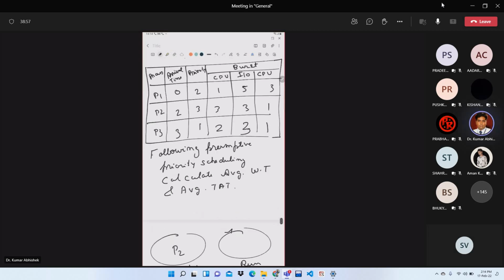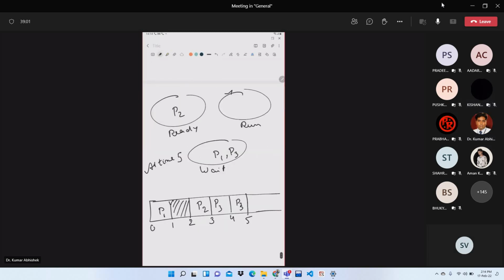P1 and P3 are in wait state and P2 is in ready state. So P2 starts executing, right? P2 will start executing till 6. At time 6, what happens? Yes, P1 is moving to ready state.